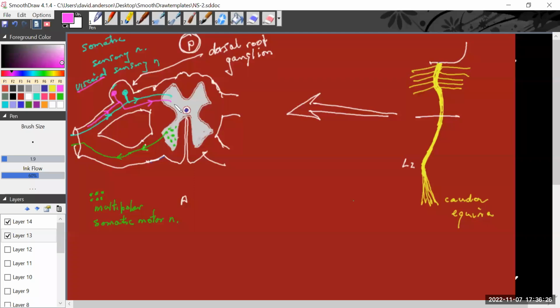There's only one process, in and out. A bipolar neuron would look like this, one, two. This has a single pole, unipolar. The sensory neurons that contribute to the spinal cord are unipolar.